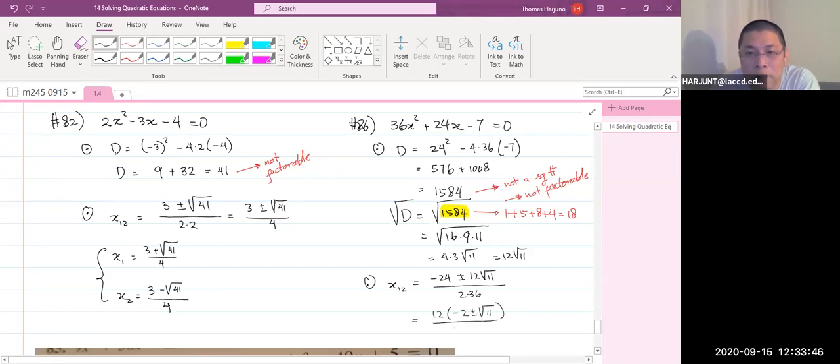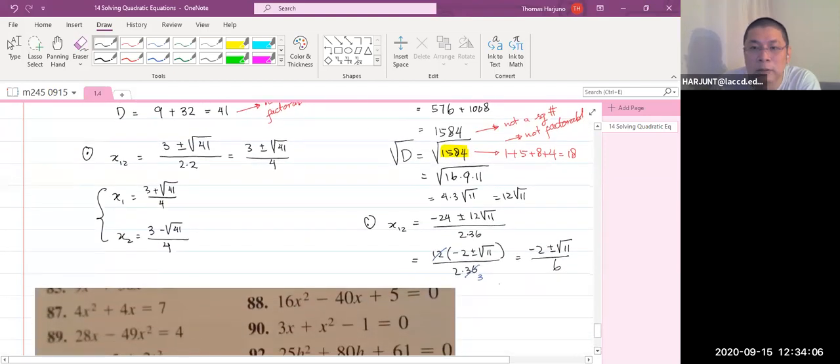And at the bottom, I can cancel that 12 with that 36. So the answer will be negative 2 plus minus square root of 11 over 6. So x1 is negative 2 plus square root of 11 over 6, and x2 is negative 2 minus square root of 11 over 6.